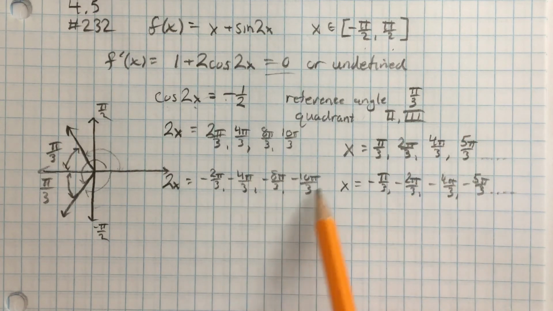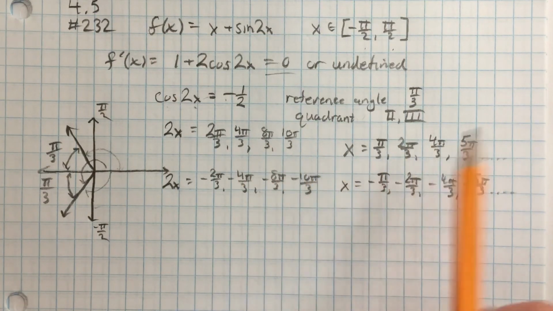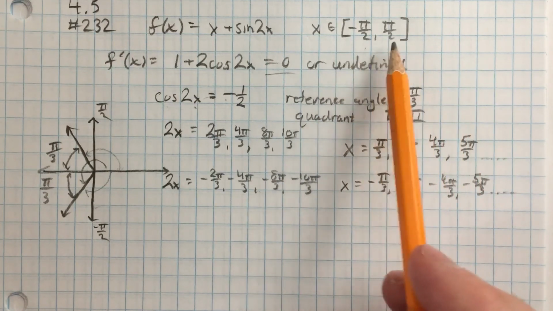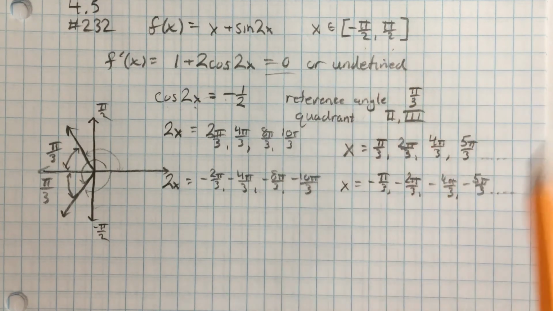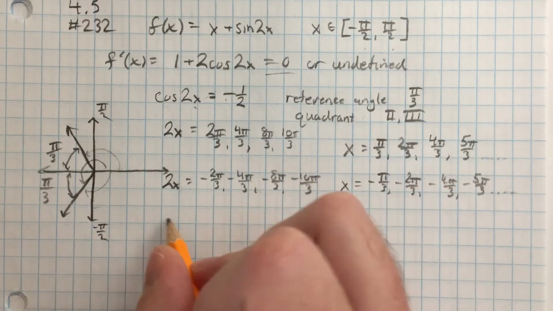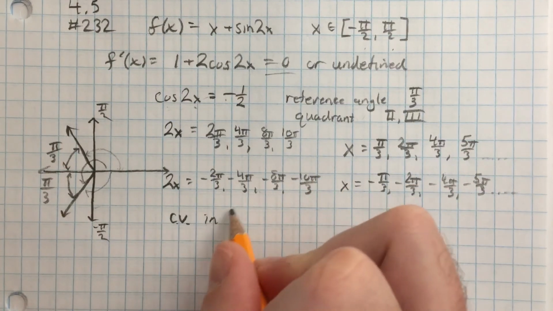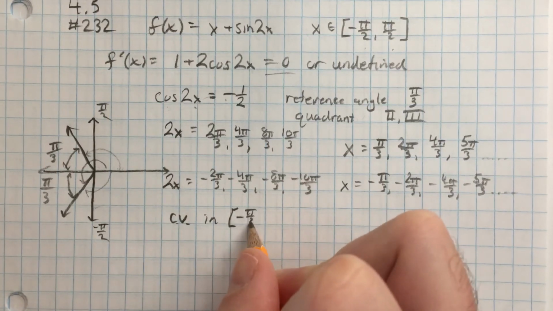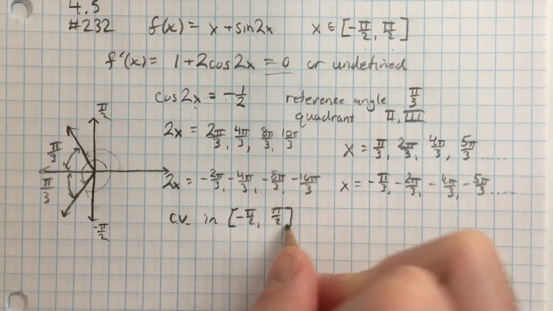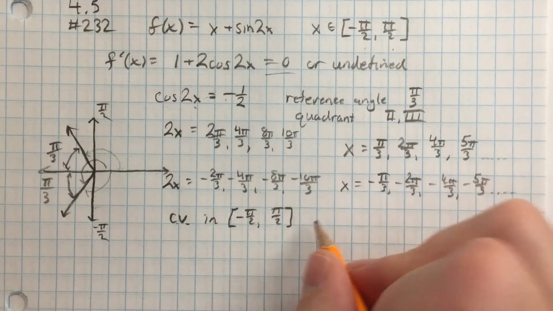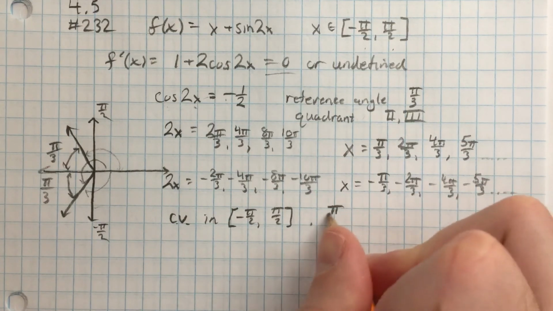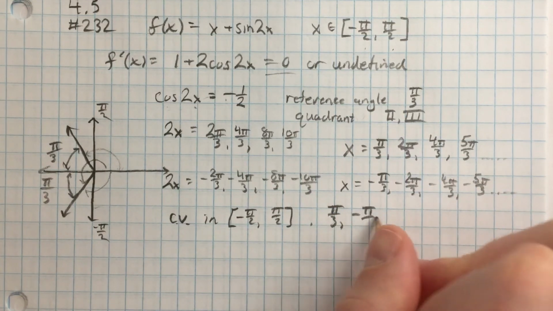A lot of this was a little bit superfluous, but it shows what you would do if the interval had been even larger. So the only critical values within negative pi on 2 to pi on 2 are pi on 3 and negative pi on 3.